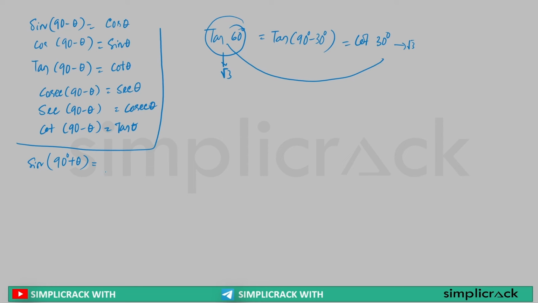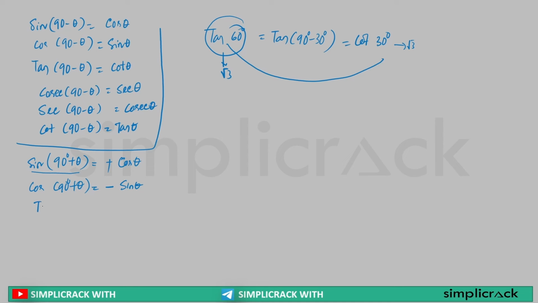Sir, always remember, sine value is positive in the second quadrant, so this will be plus, but because of 90 degree plus, it will be cos theta. Now if it says cos 90 degree plus theta, so 90 degree plus theta is second quadrant, in second quadrant cos is negative, but cos 90 degree plus will be sine theta. So the value of cos 90 degree plus theta is equal to minus sine theta.